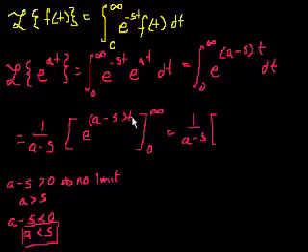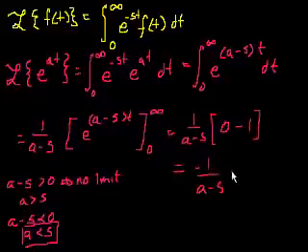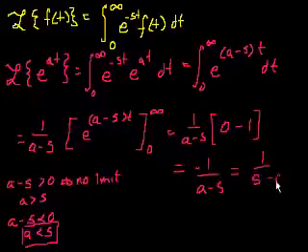E to the a minus s times t, where t approaches infinity, will be 0, minus this evaluated at 0. So when t equals 0, this whole exponent becomes 0, e to the 0 is 1. And we are left with minus 1 over a minus s. And that's just the same thing as 1 over s minus a.